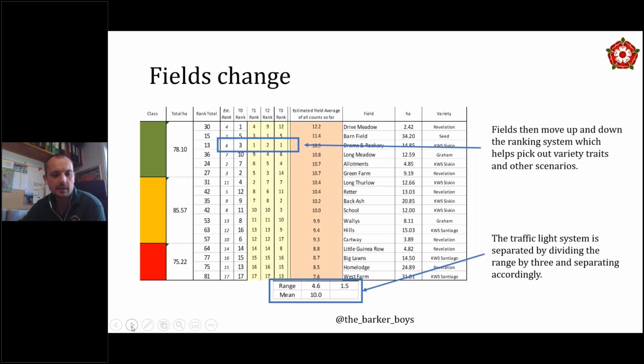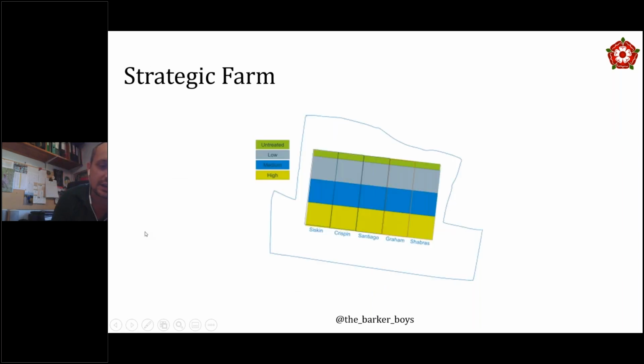And then with the strategic farm, we put my traffic light system to the test, and we did this field trial, where we had untreated and then treated 5 varieties with what I had done to my red category, to my amber category, and to my green category.